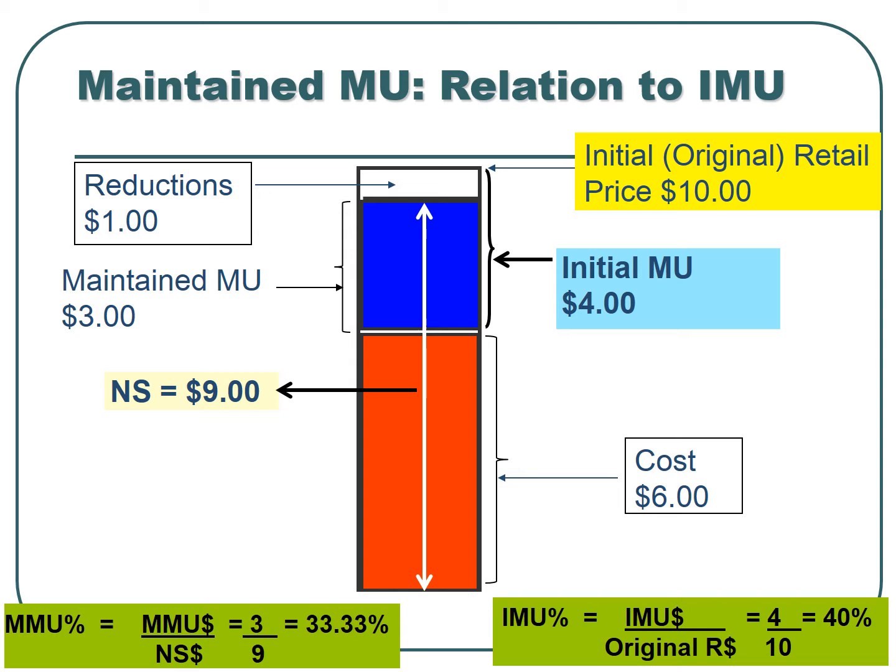Now we're seeing the difference between the IMU percent and MMU percent: with the $1 reduction out of the $10 original retail, the original IMU percent was 40%, but now we are maintaining only 33.33% markup as our maintained markup.